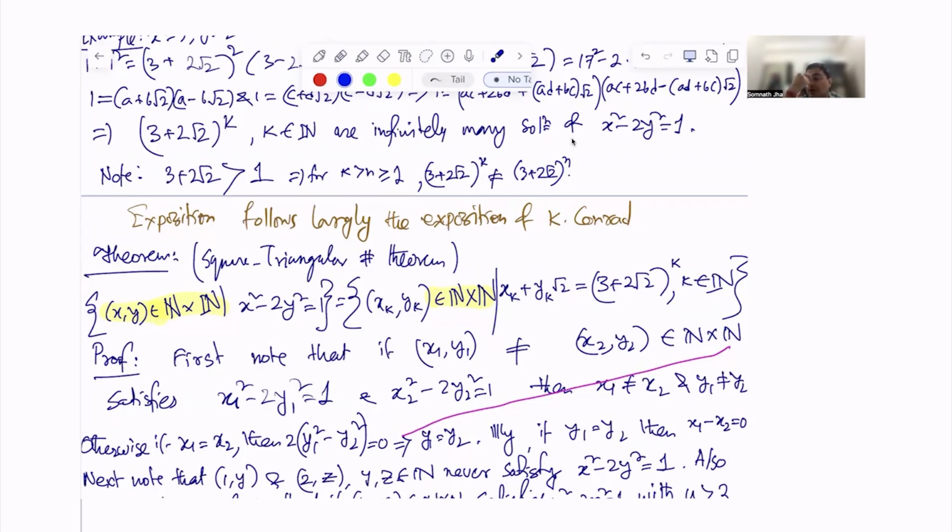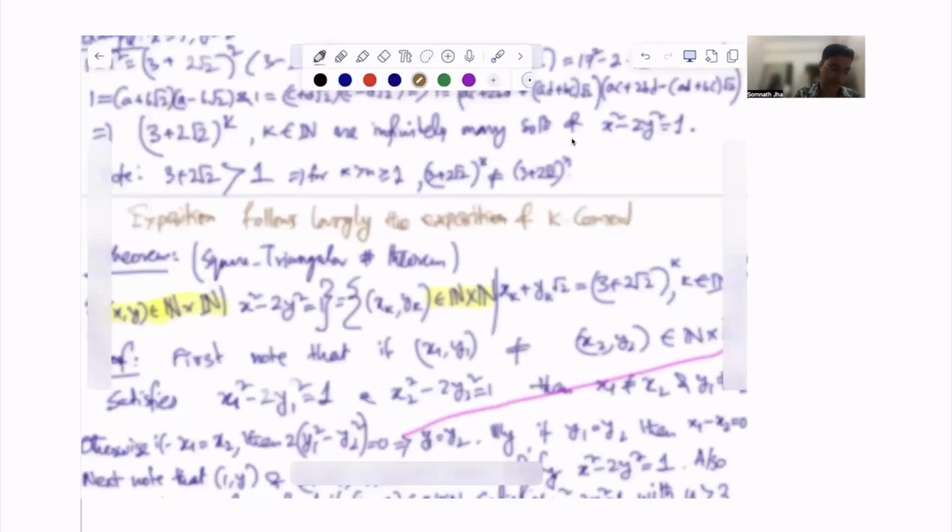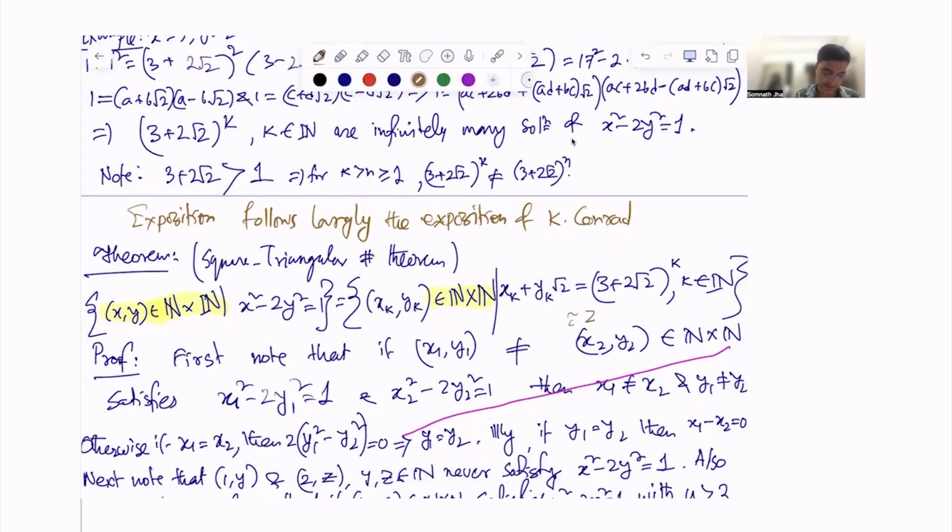So all the norm 1 elements will be given by 3 plus 2 root 2 to the power n, where n is in Z. And in fact, you can add norm minus 1 elements also. So this group is cyclic, and this group is isomorphic to Z.